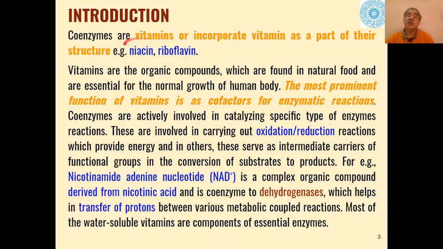Two examples are niacin and riboflavin. They act as coenzymes in different biochemical reactions. And vitamins, as we know, are organic compounds which are found naturally in food, and they are essential for normal growth of the human body.